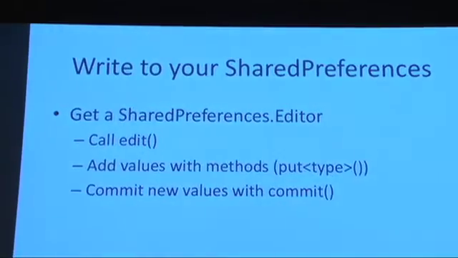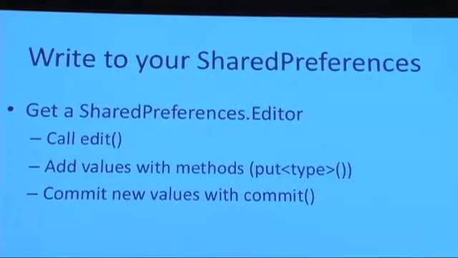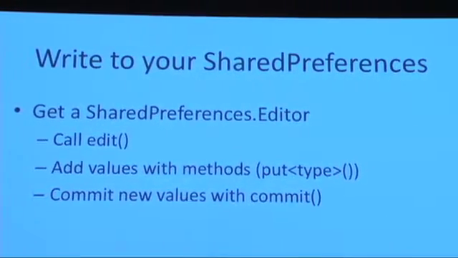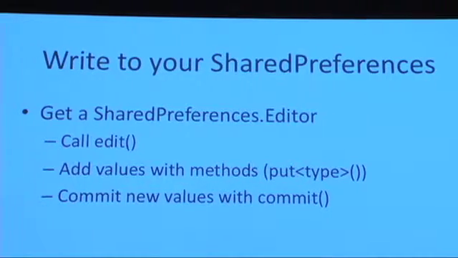Okay, so to write to your shared preferences, you need to get some kind of SharedPreferences.Editor object. This will allow you to actually edit the shared preferences. To do this, you call the edit method, and you can add values with the methods put with the type.